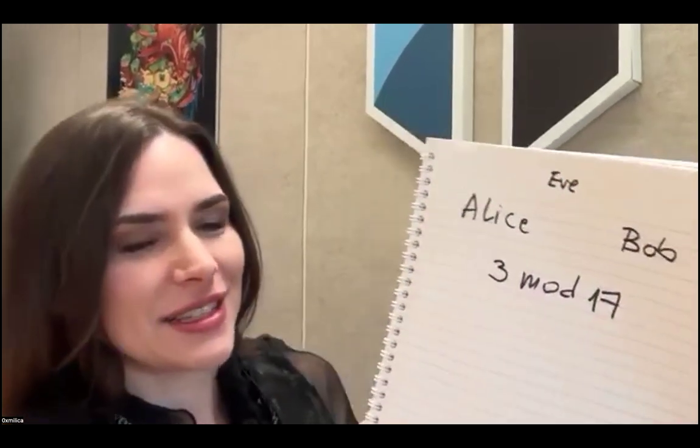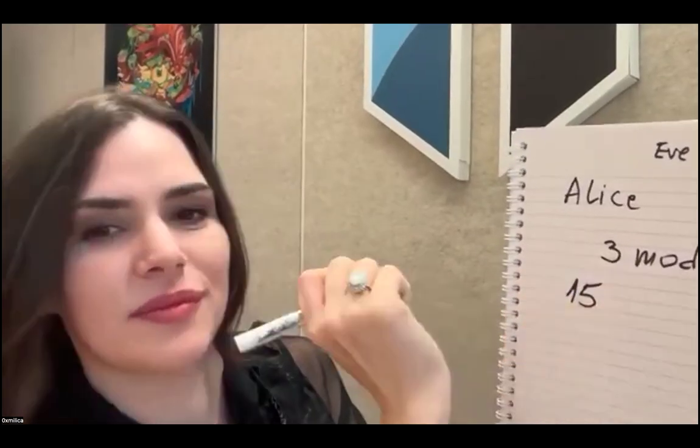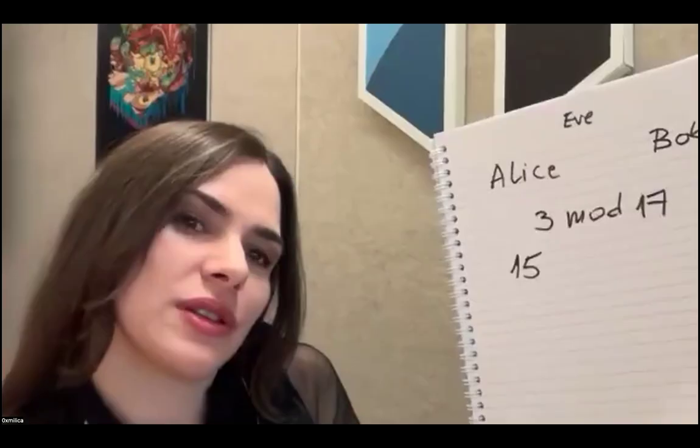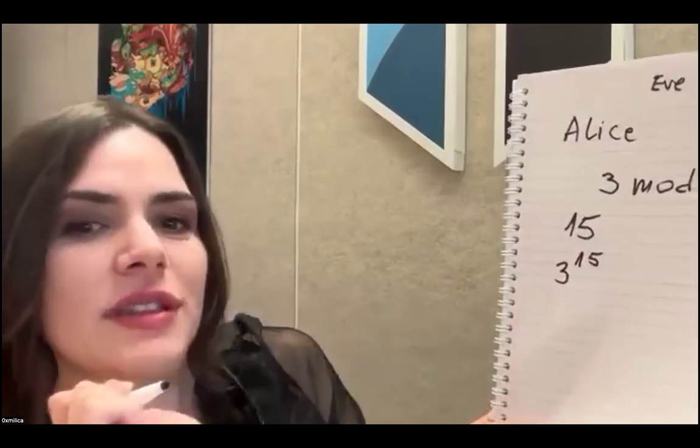Okay, so Alice will select a private random number, let's say 15. What she will do is calculate 3 to the power of 15 modulus 17.